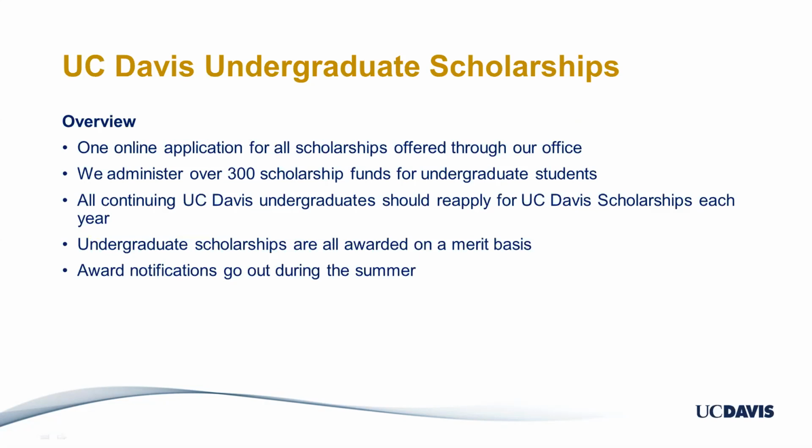And then it closes in the beginning of the winter quarter, and that's what you're applying for the next year. So you're applying in the 17-18 academic year for 18-19 scholarships. Then we have a committee of faculty members that read through all the applications, and they're scored, and that's how we actually award you the scholarships. They're all merit-based scholarships, and you would hear from our office if you were awarded a scholarship during the summer.